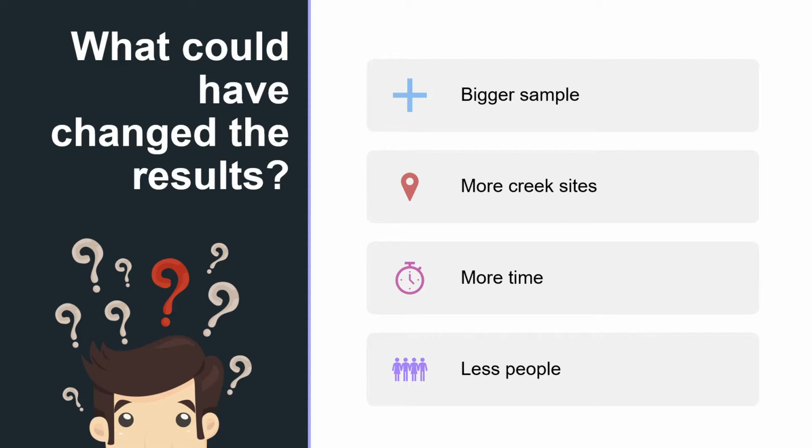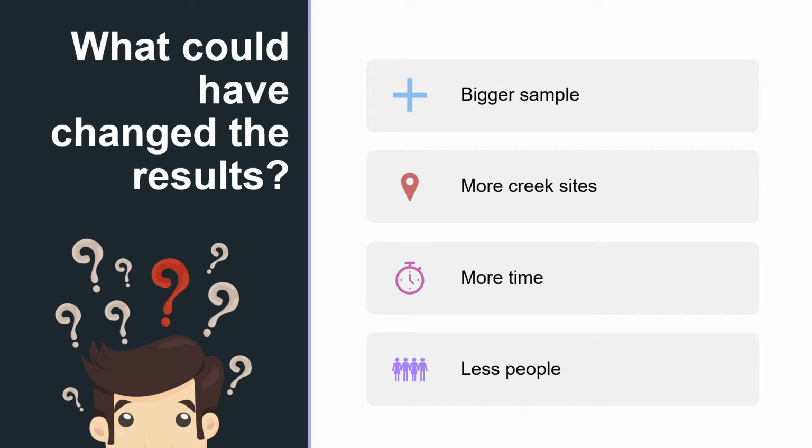Another thing we could do is get more creek sites, more locations, and see if the pHs flow in a certain point and if the E. coli flows with it. A third thing that could have potentially altered our results is if we had more time.